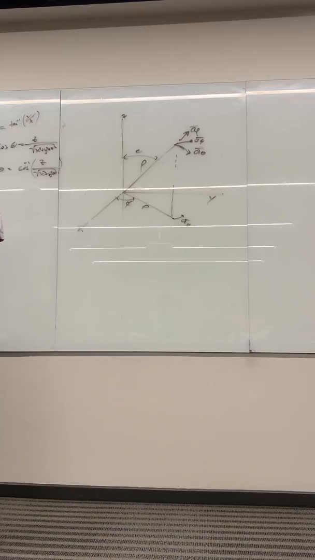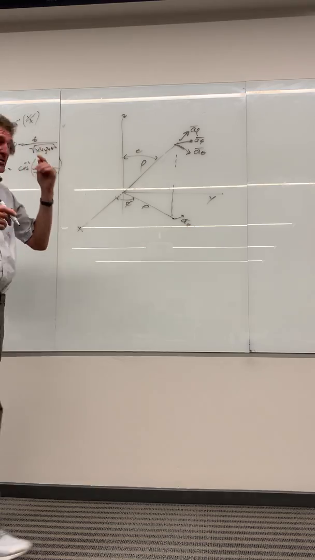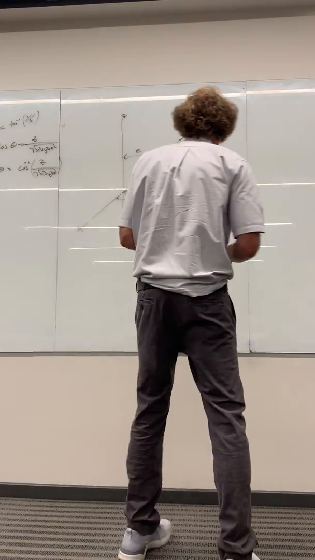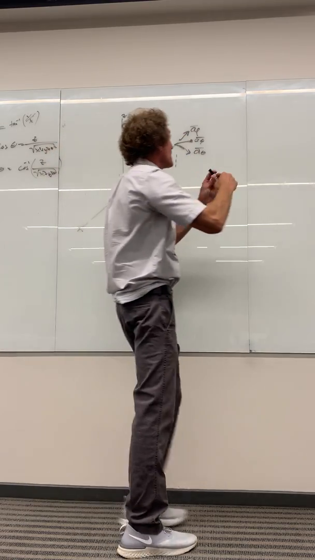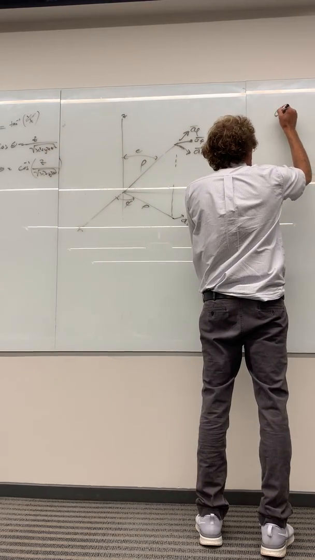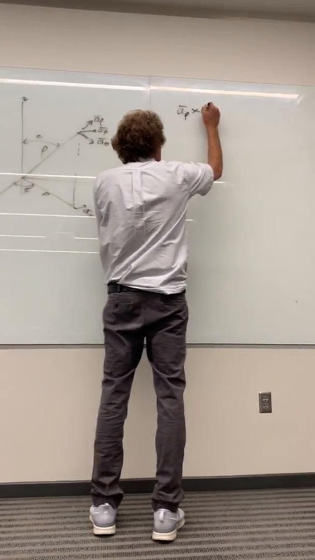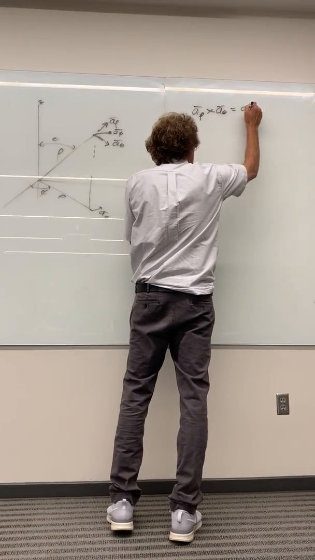Now something to keep in mind, remember this is a right-hand coordinate system. So with unit vectors, if you take one and cross it into the other, it'll give you the next one, if you do it right. So if you take A rho crossed into A theta, you get A phi.